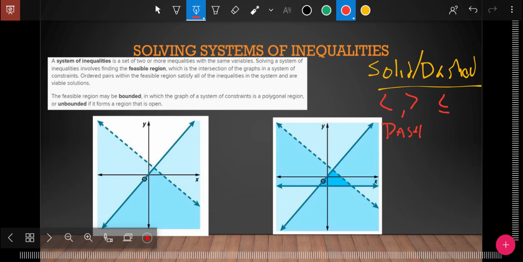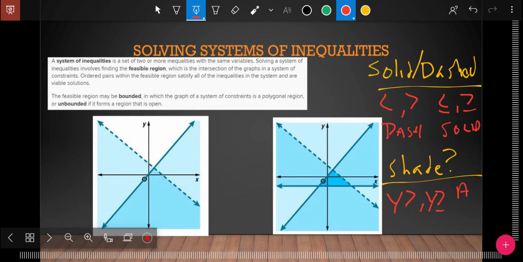If it's less than or equal to or greater than or equal to, you're going to put a solid line. And then you've got to figure out where to shade. I always say if it's y greater than, which also means y greater than or equal to, you shade above.